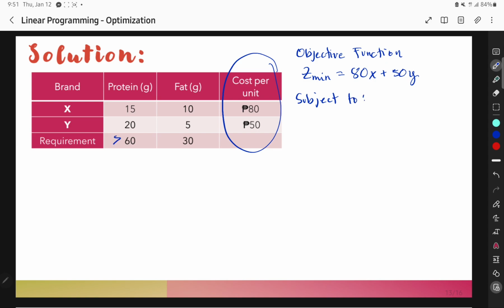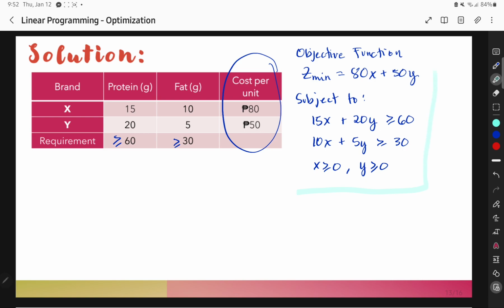So this one should be greater than or equal. So you have 15x plus 20y should be greater than or equal to 60. And then as for the fats, you have 10x plus 5y should be greater than or equal to 30. And lastly, the non-negativity constraints. Your x and y should both be greater than or equal to 0. And this is now our linear programming model.